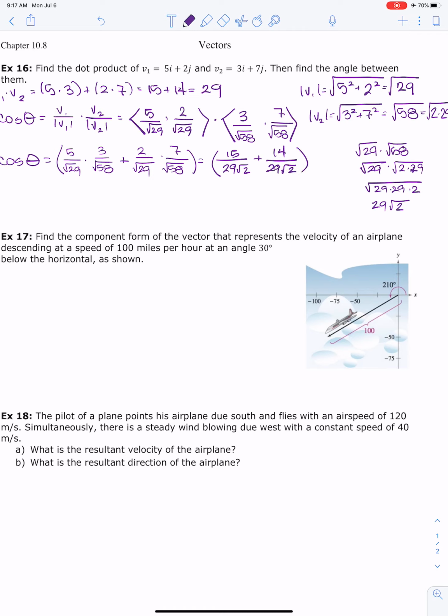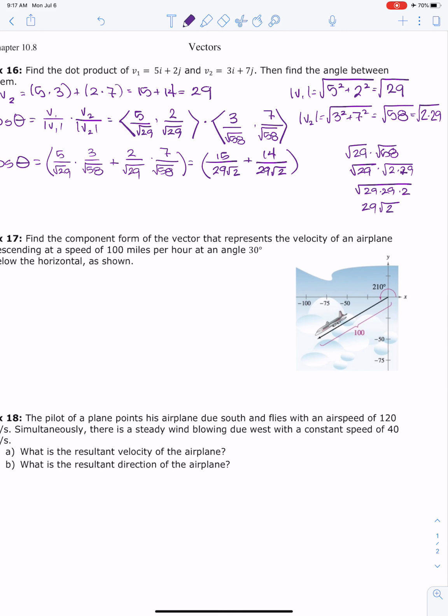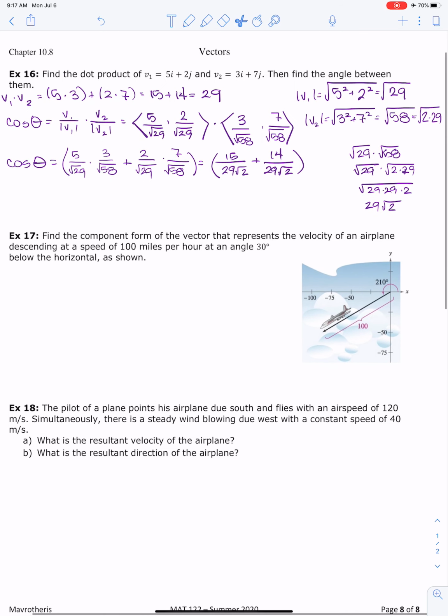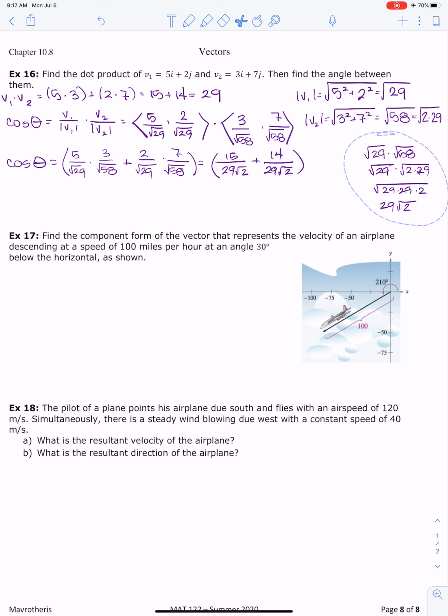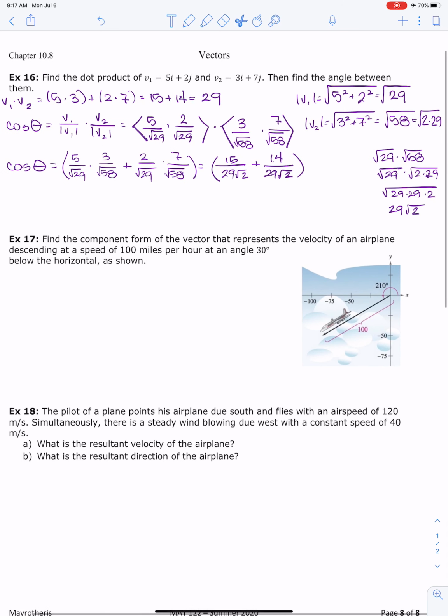That denominator is going to look the same as the other one, which gives me 29 over 29 square roots of 2. My 29s are going to cancel.